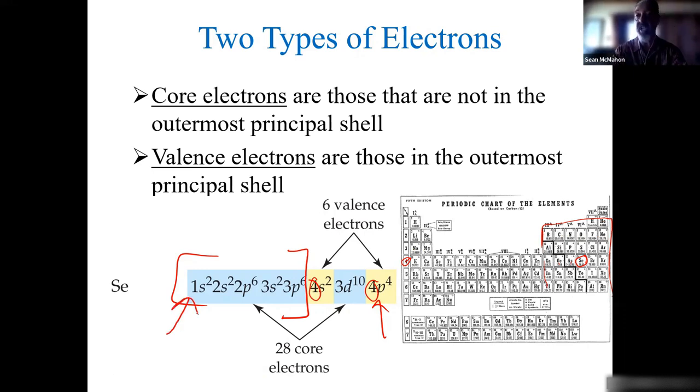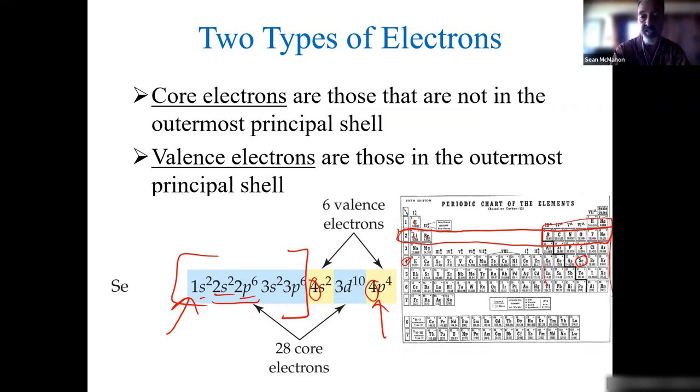So you can also work backwards, but you first fill the first energy level, which has one sublevel, S, which has one orbital, which has 2 electrons. How do I know? Because there's 1, 2 positions. Then I go to the second energy level, which has 2 sublevels, S and P, right? So as I go across the second period, I'm filling the 2s2, and then 1, 2, 3, 4, 5, 6, the 2p6.